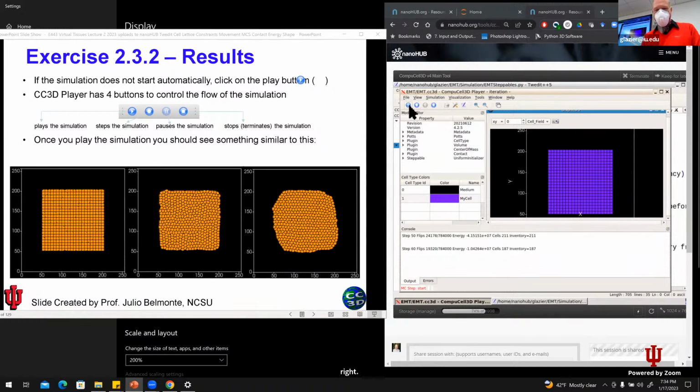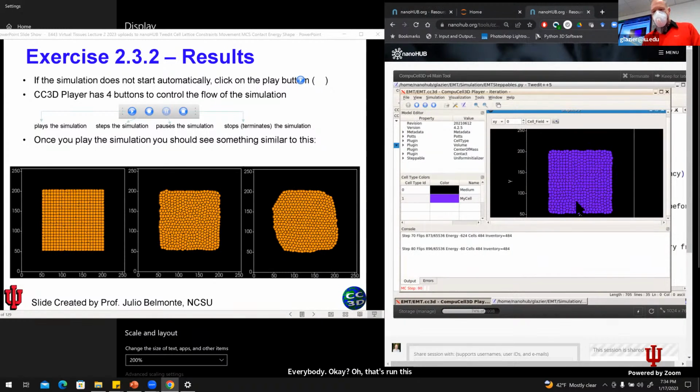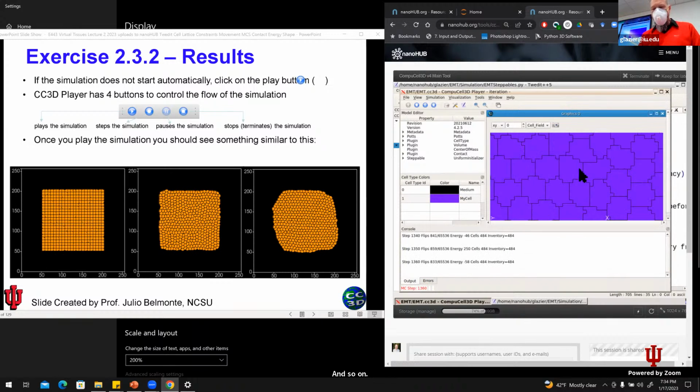So let's run this simulation. I'm going to run it. I see the cells move a little bit. You can lay things out on your computer so that they're prettier. You can have things be bigger and so on. And I can zoom in. Let me zoom in.